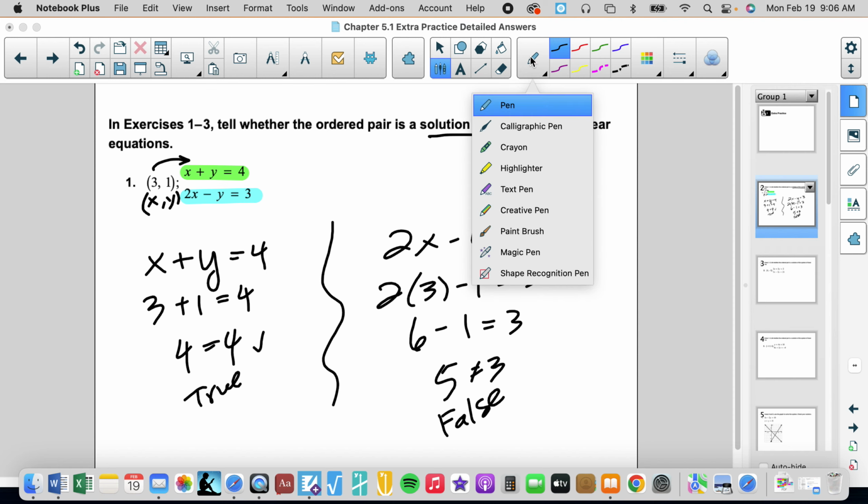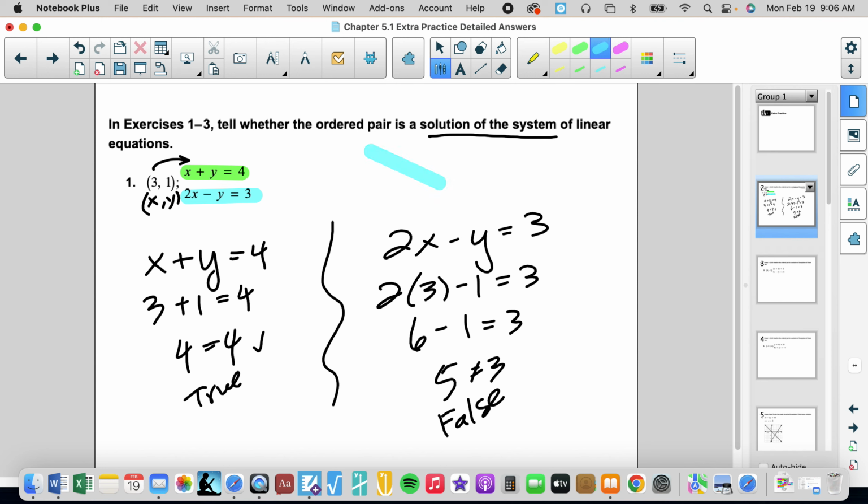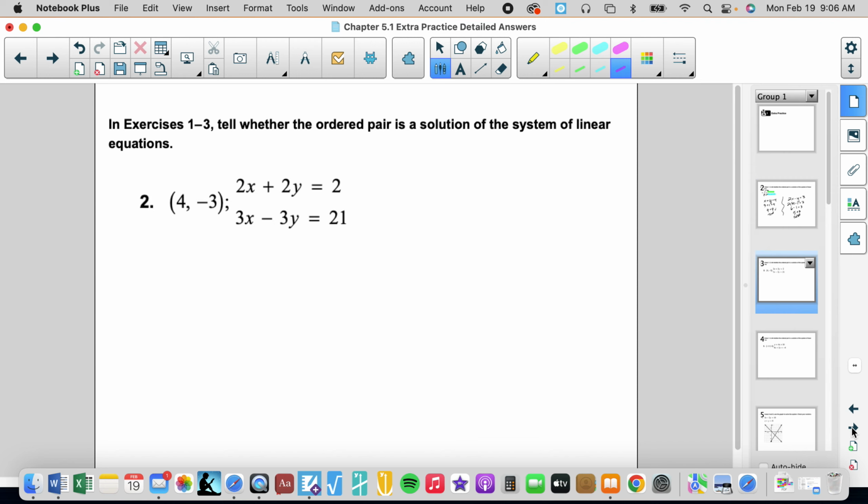If we take those two, that means this point sits somewhere along this line, but not at the point of intersection. It is going to be on the green line somewhere, but it does not lie anywhere on the blue line. Cool. So that's what we're going to do with each of these problems. So the first one is no, it is not a solution.